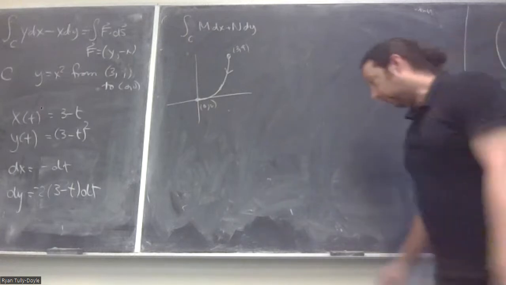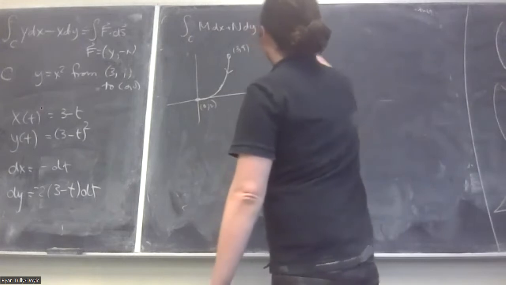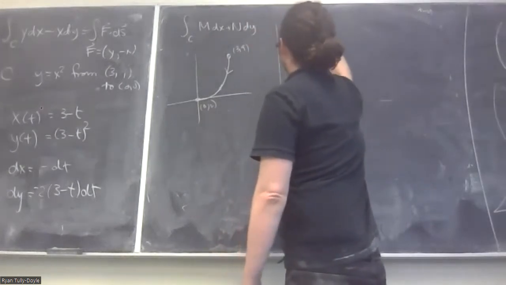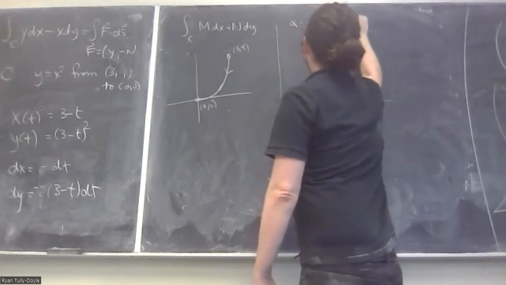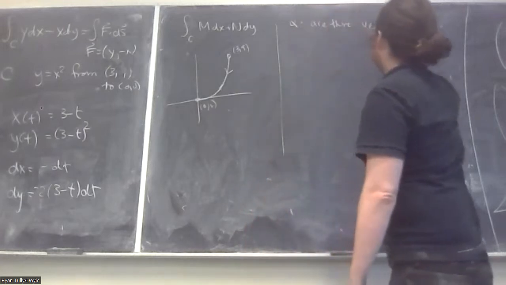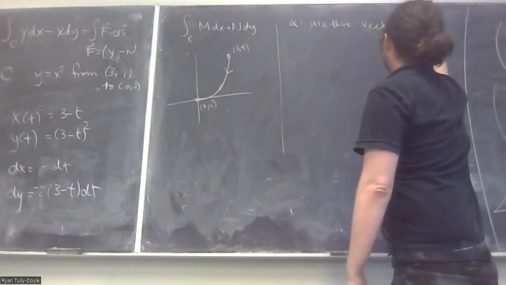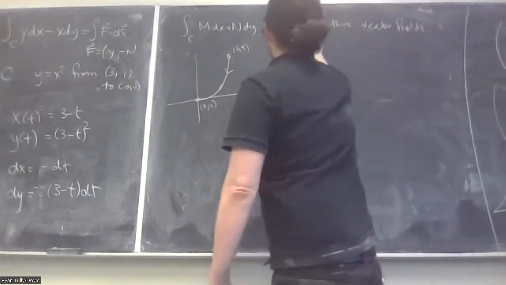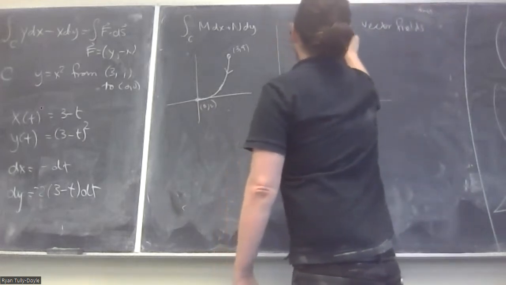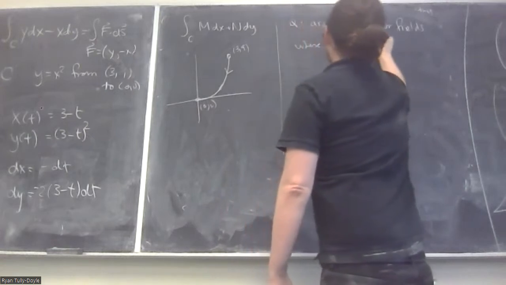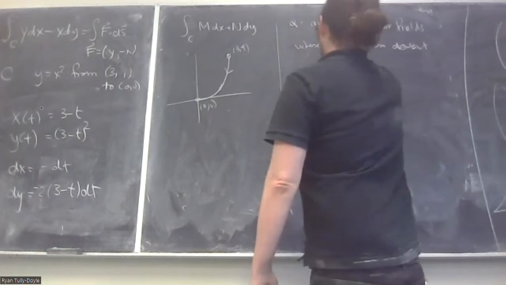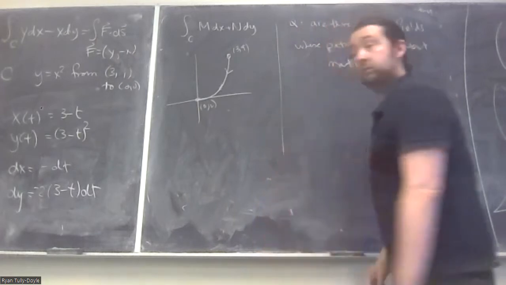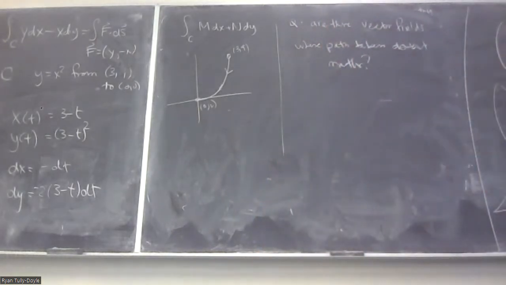After all, this is motivated by the big question: are there vector fields where the path taken doesn't matter? It does not matter how I get from A to B.